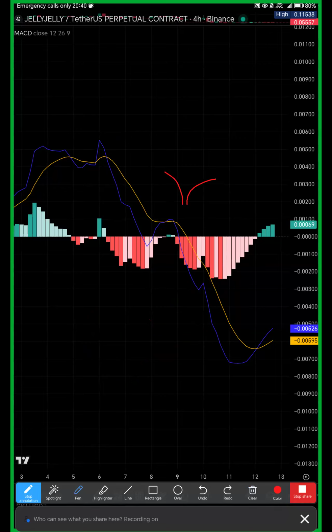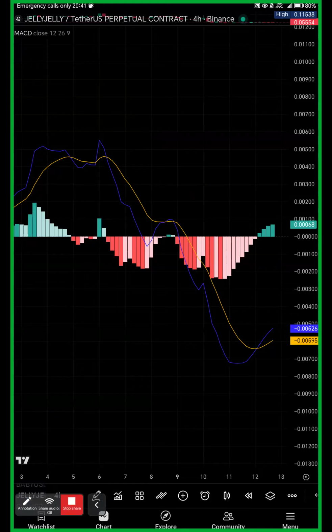After crossing, you see that they are separating, showing like they are going in different directions, or they will be distancing from each other after meeting. So that's why we are talking about converging and diverging. I don't know if this makes sense.